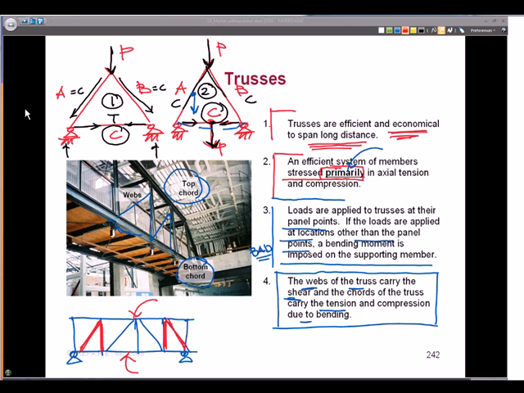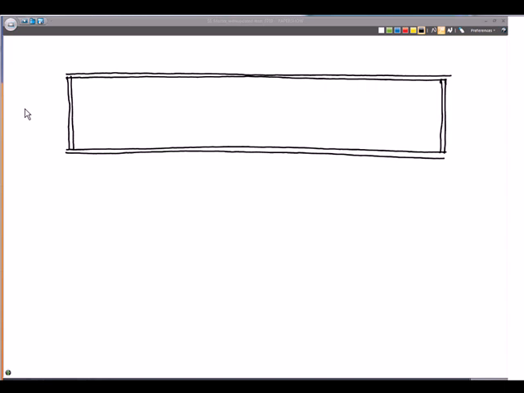Okay, so when we talk about economy of design, let's draw up here a larger scale truss. When we economize the design, we still want it to be bolted together pretty easily. Let's see how many panels.